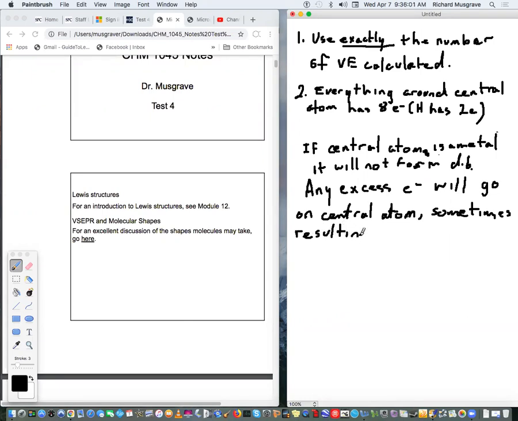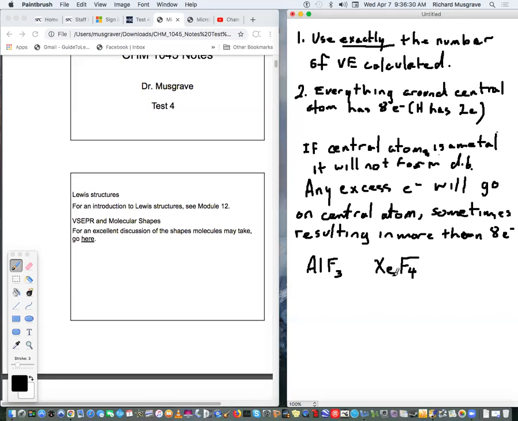So I'm going to give you 2 examples here. Those are AlF3 and, let's see, XeF4.